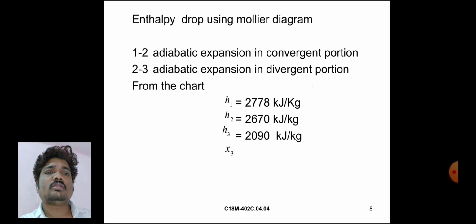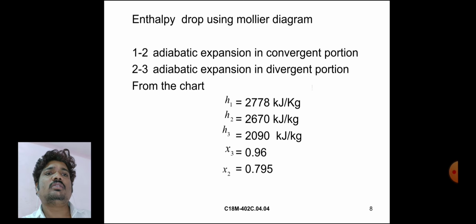Dryness fraction X3 is equal to 0.96, which is the dryness fraction at the divergent portion, the exit portion. X2 is the dryness fraction at the throat portion, 0.795.